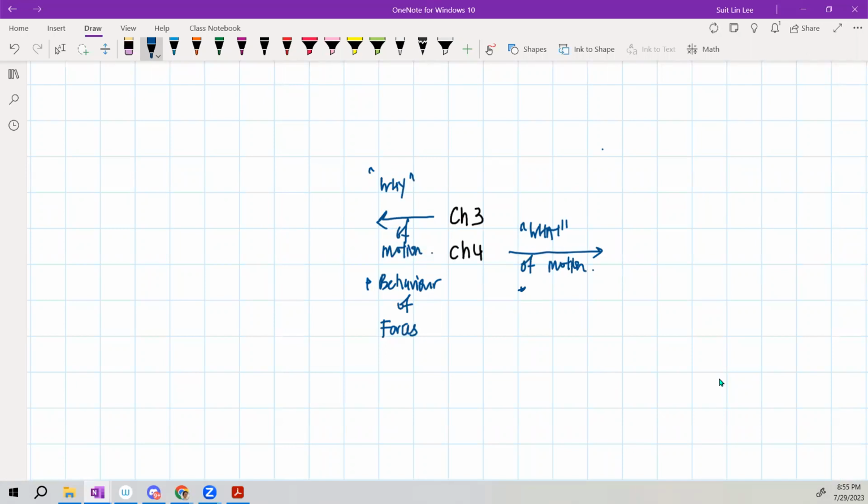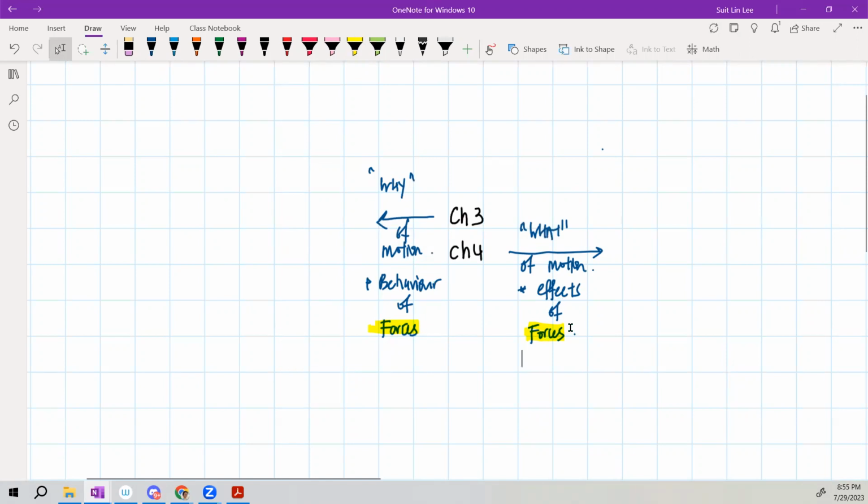Okay, this one we want to study the effects of forces. So you can treat force as like a phenomena that we need to properly define in sciences, chapter 3, so that we can study the effects that we actually see in our daily life.